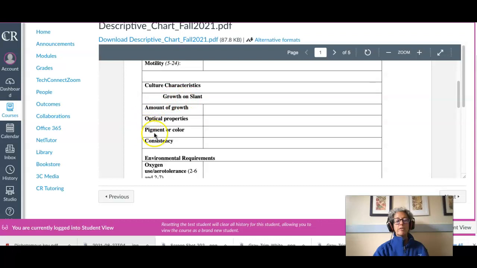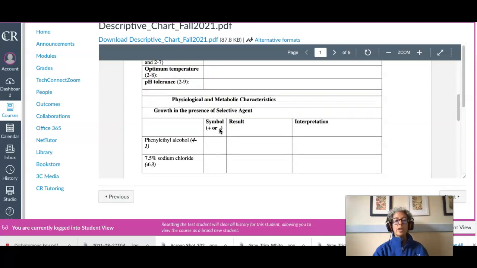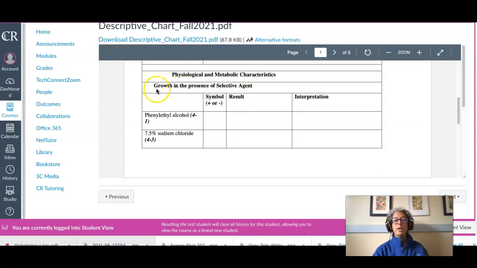And then we will have growth on a slant as one of the first times we'll see our unknown bacterium growing on media, its oxygen requirements, and then we are going to be doing various metabolic capacities.